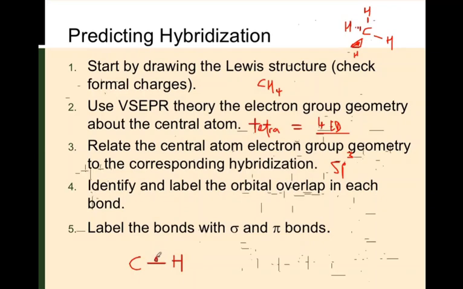This is a sigma bond because the electron density is predominantly in between the 2 nuclei. If we had a carbon-carbon double bond, we could have a sigma bond and a pi bond.